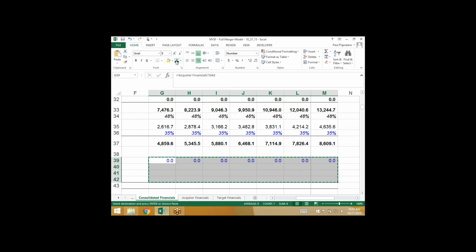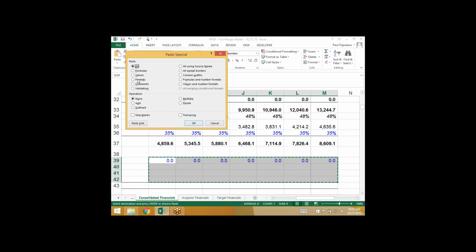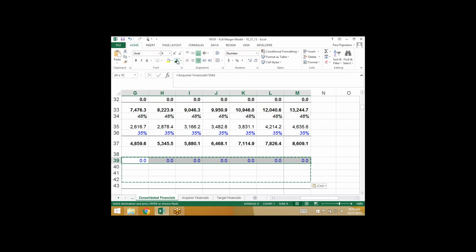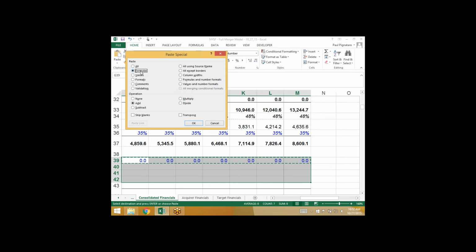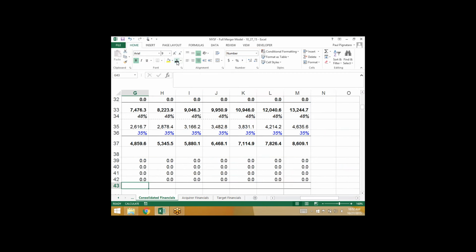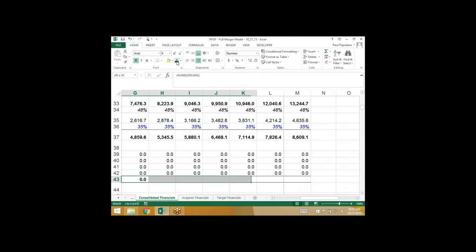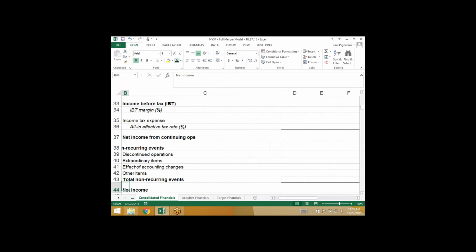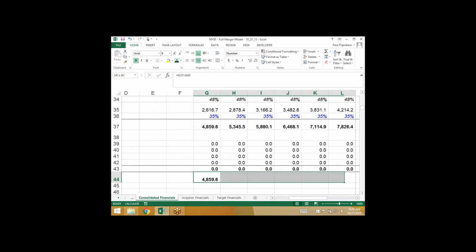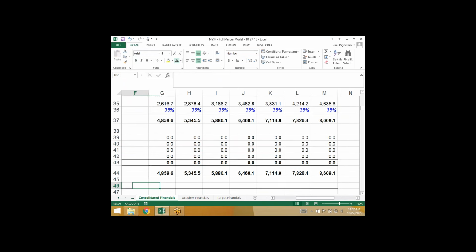I'm going to make it black and add it together. And the net income is the net income before non-recurring events minus non-recurring events.